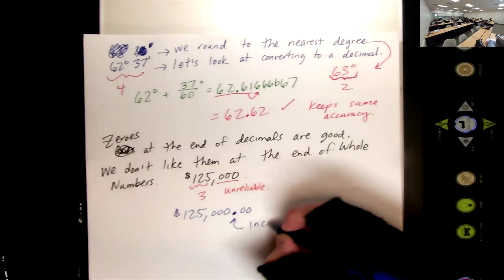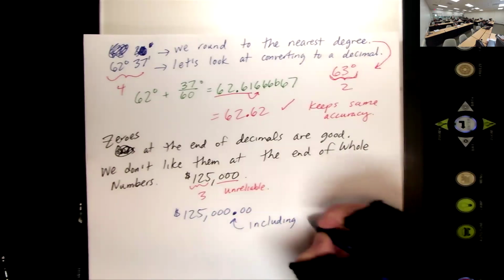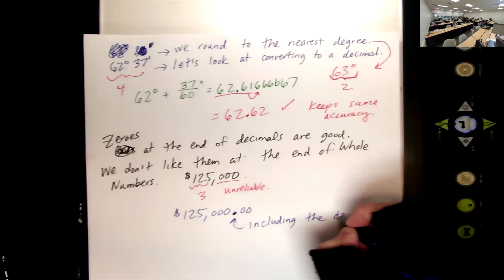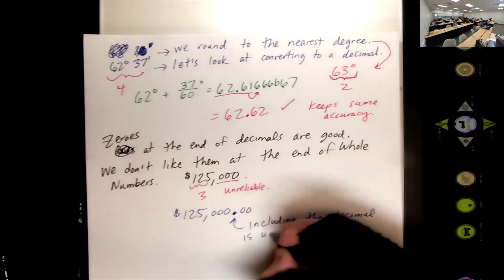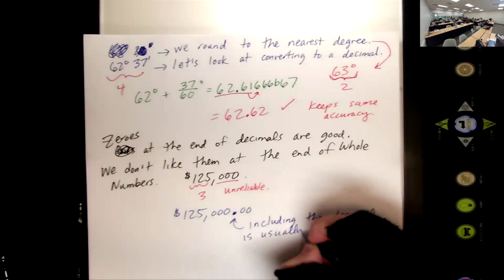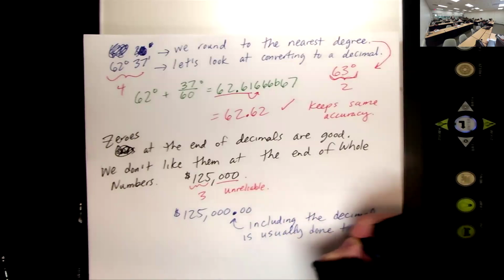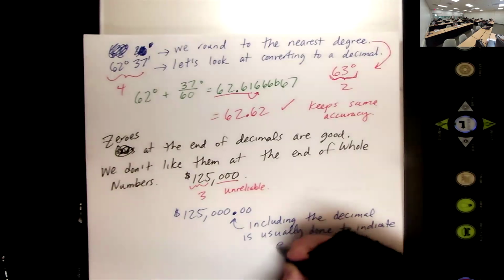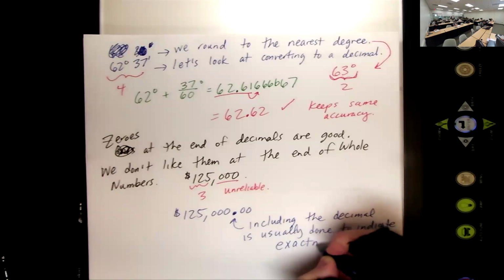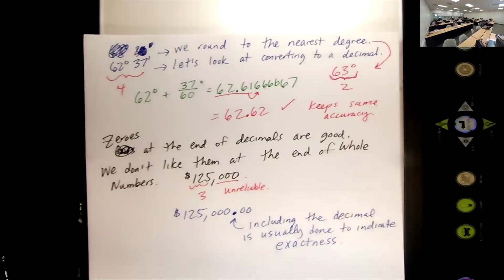Including the decimal is usually done to indicate accuracy. Or not accuracy, but exactness, I'll say. Accuracy is when you're measuring, exactness is just there.